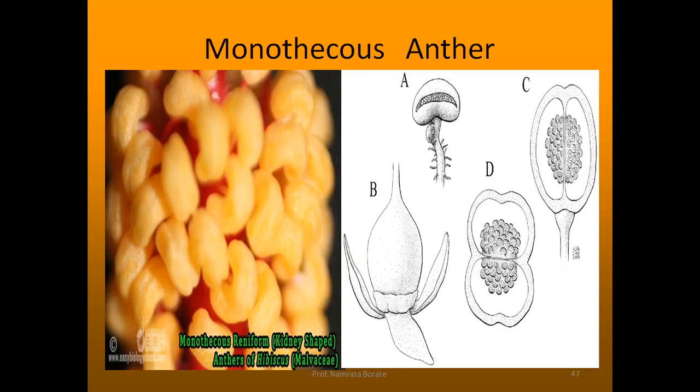A monothecous anther consists of two locules. You can see in this image there are two locules, known as two sporangia, so it is called bilocular or bisporangiate. It is observed in the hibiscus plant.